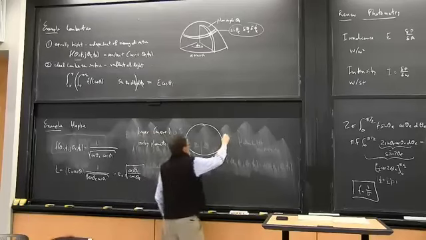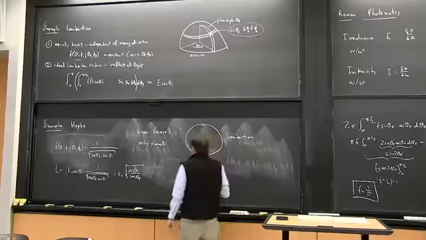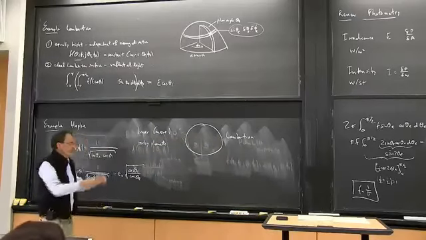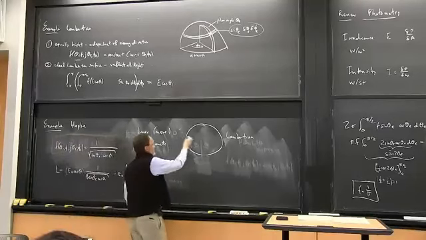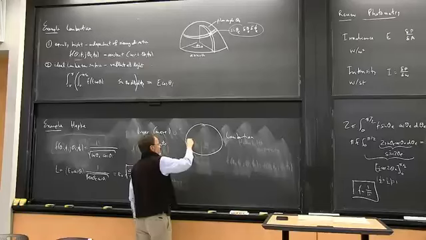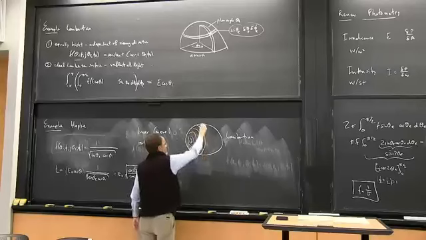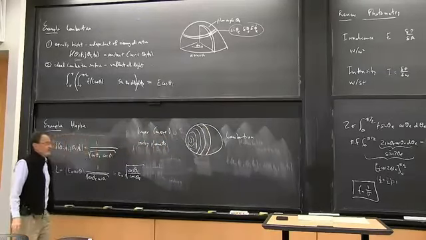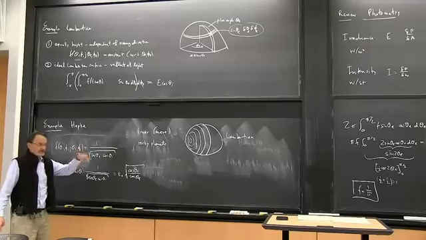Now, if it was Lambertian, we know that all of the points that are the same angle from the sun, where the surface normal has the same angle with respect to the sun, have the same brightness, cosine theta I. And so if we were to look at the isophotes on the sphere, they'd all be nested circles.